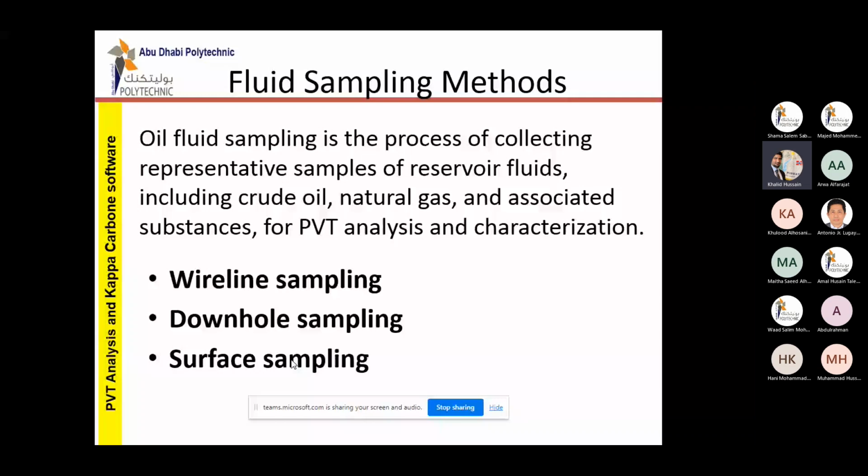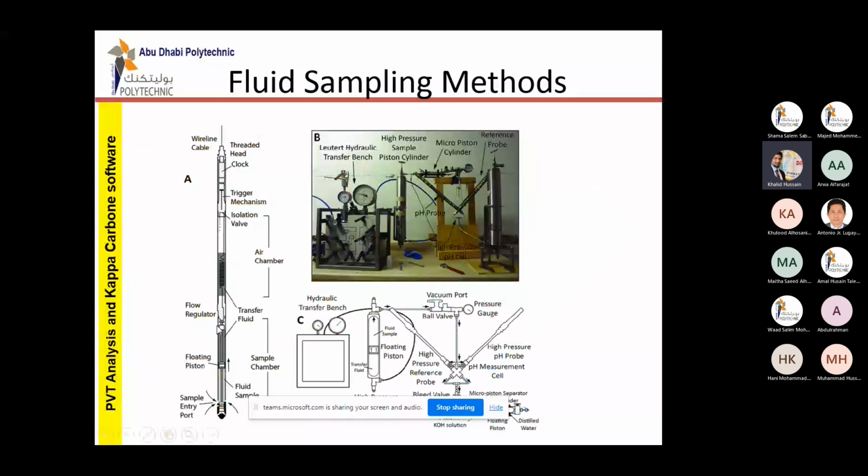So here you can see we can send a chamber, bottom hole in the reservoir, and once we collect the sample, the next job as a PVT engineer, as a reservoir fluid engineer, is to take the sample out of this chamber and put it in a PVT bottle. You take the sample from the chamber because the chamber is not practical, it is very lengthy, plus it is more expensive, so the rent is very high.